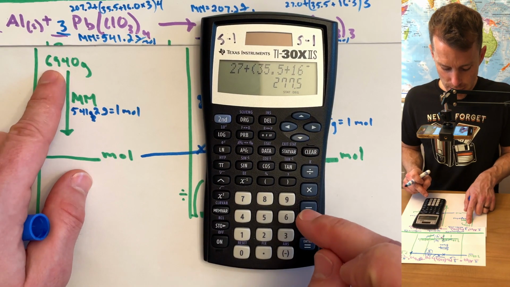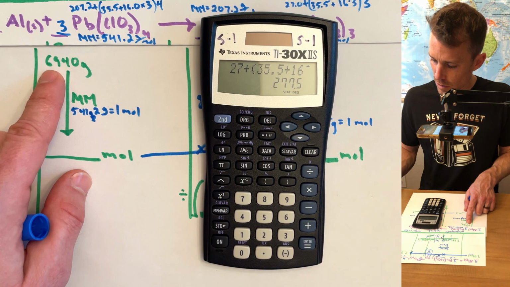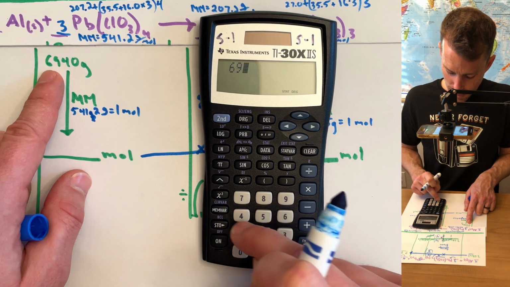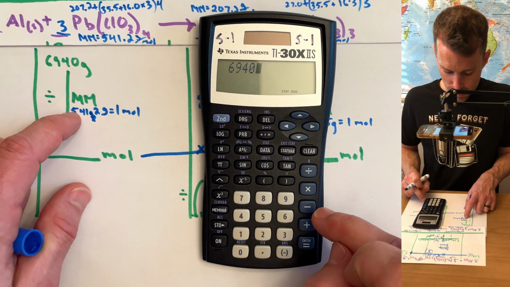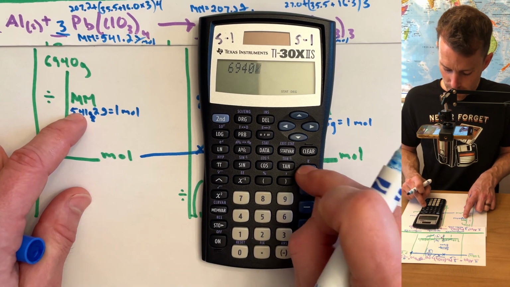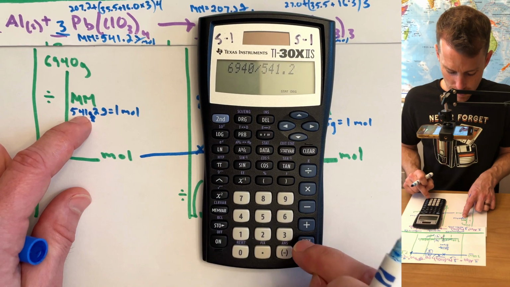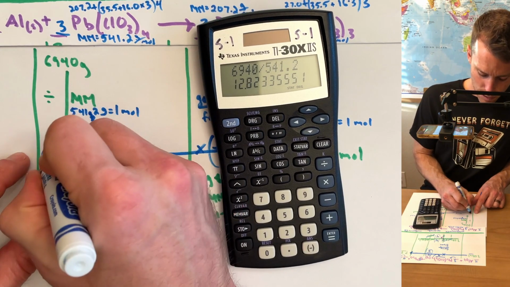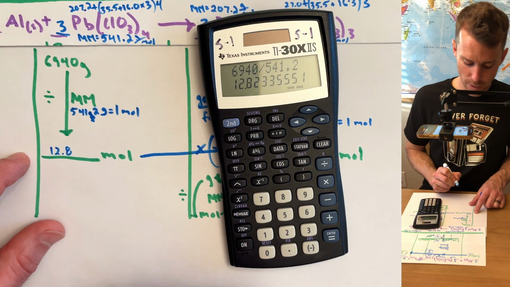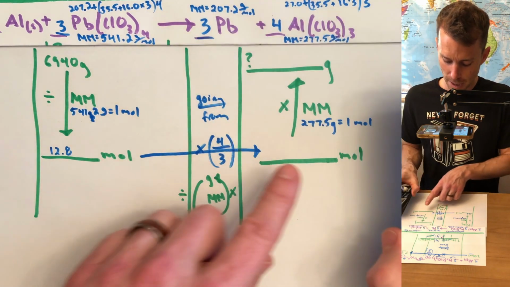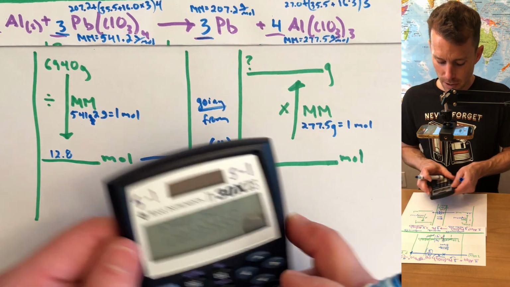So 6940 divided by 541.2 equals 12.8 moles. So there's 12.8 moles of lead chlorate. Now, how many moles of aluminum chlorate are there?